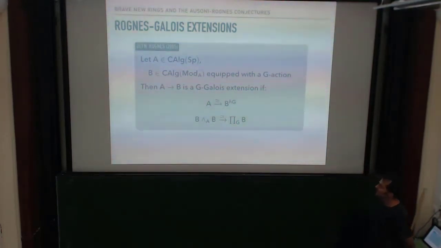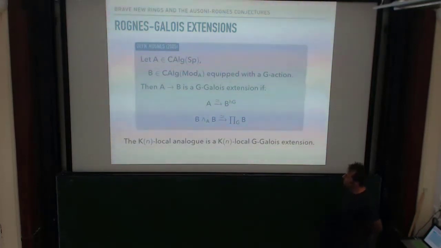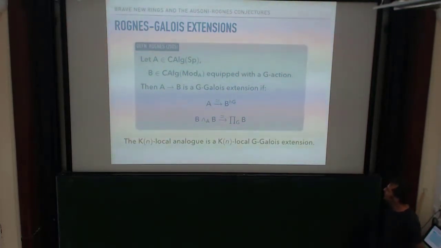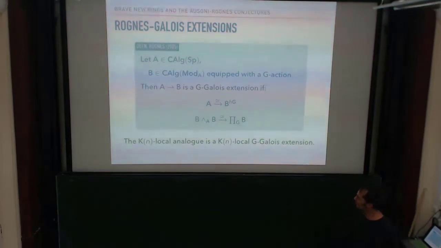This generalizes the classical picture even for commutative rings. There's also a K(n)-local analog, which he focused on, where we look at K(n)-local algebras and ask this to be an equivalence in the K(n)-local setting.